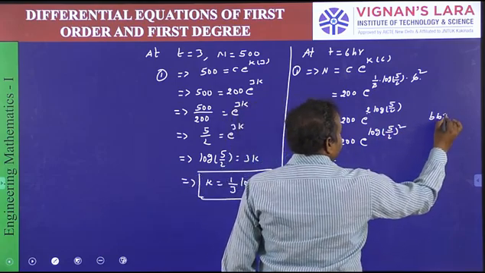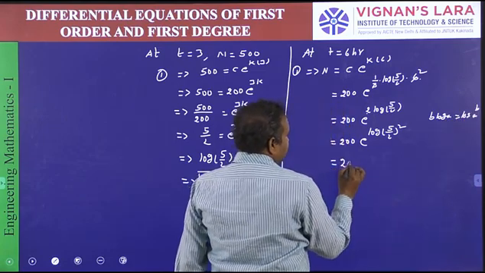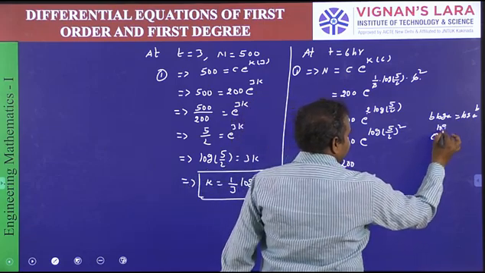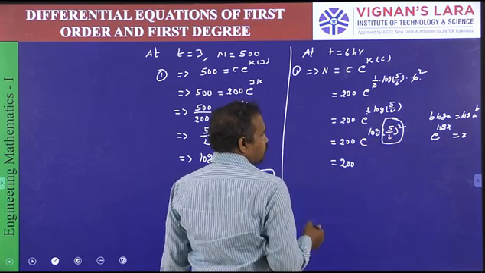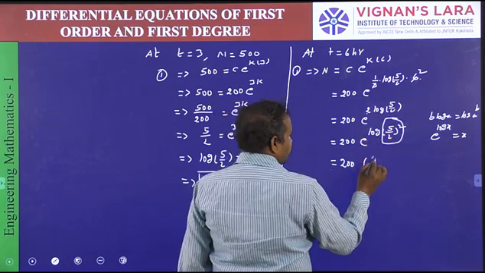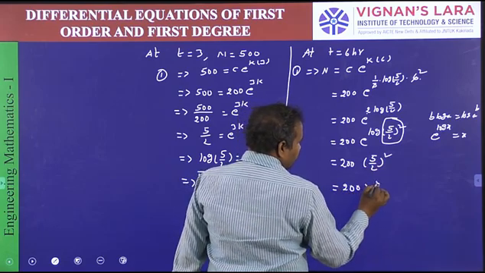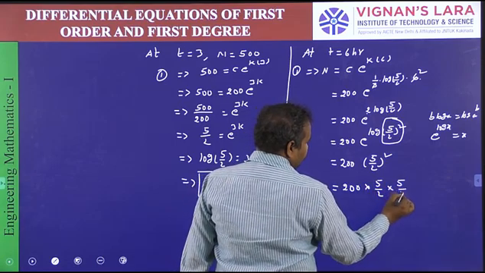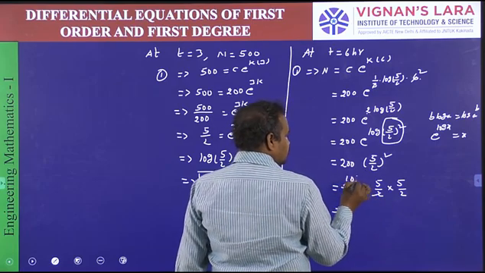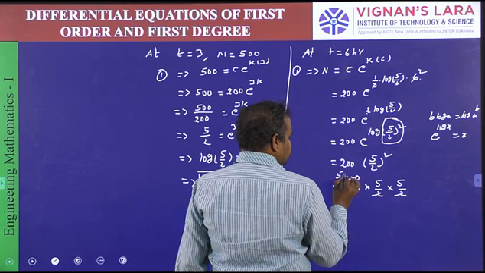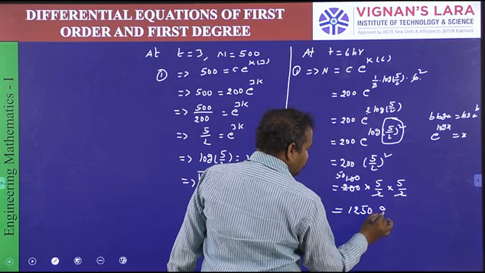We know e power log x is x. So e power log x value is 5 by 2 whole square. 200 into 5 by 2 into 5 by 2, which is equal to 200 times 25 by 4, which is 1250 grams.